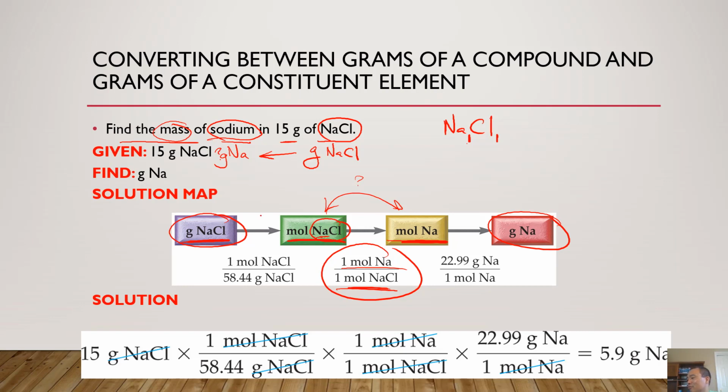Okay, so basically we have 3 steps: 1, 2, 3. The first step, remember, we have 15 grams of NaCl to begin with. We want to convert to moles of NaCl. Now we have to indicate the units. If you write moles over here, that's totally wrong, because we need to convert grams to moles. So you will have to write grams here so it can be cancelled out. It's grams of NaCl converted to moles of NaCl. 1 mole is formula mass in grams.